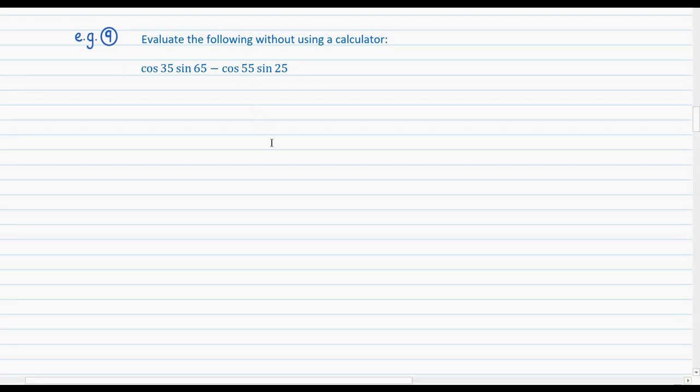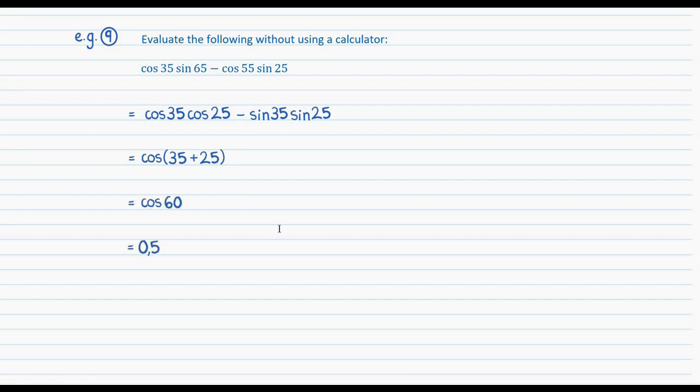And what that would lead to is cos 35 times cos 25 minus sine 35 times sine 25, which is similar to the form of the compound angle identity for adding two angles inside the cos brackets. And those two angles would be 35 and 25, since they appear in both terms as required. So this would be simplified to cos of 35 plus 25, which is just cos 60 or 0.5.